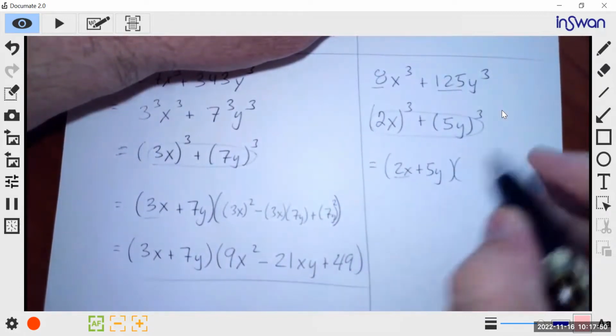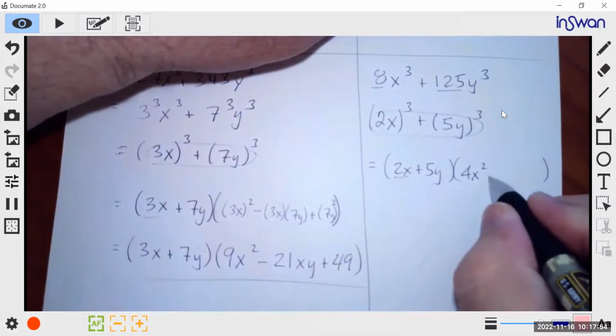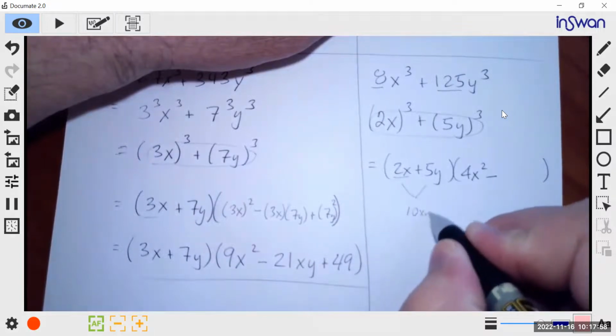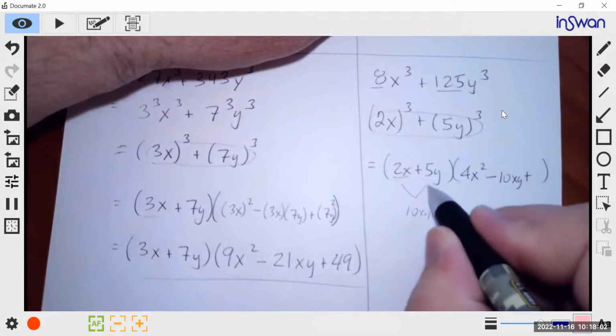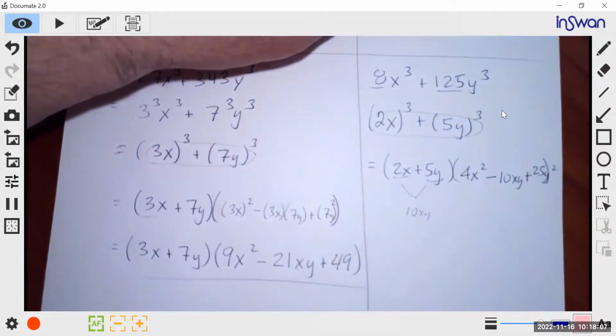This first term squared gives us 4x squared. This times this, 5 times 2 is 10xy, so it's minus 10xy. The second term squared, 25y squared.